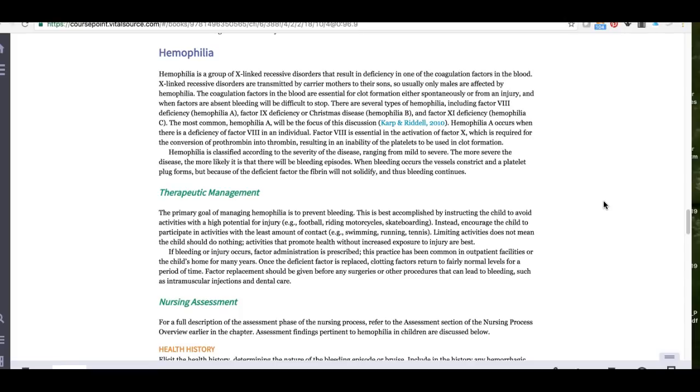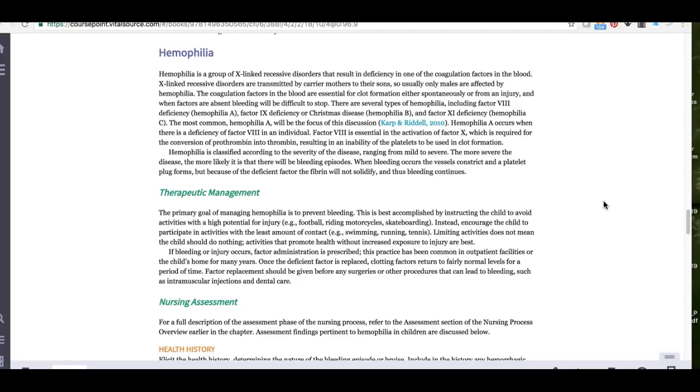So what happens with these kids? Lots of safety issues. They don't play contact sports. You have to be very careful. Even when they're just walking, if they fall and hit their knee, they can have a huge effusion in their knee. If they fall and hit their head, they could have a bleed in their head because they don't have that clotting factor. Just the tiniest of injury can lead to bleeding that won't stop.